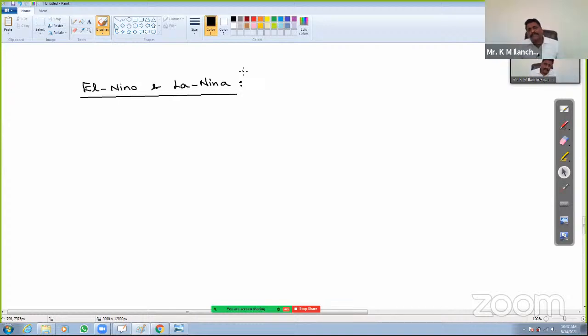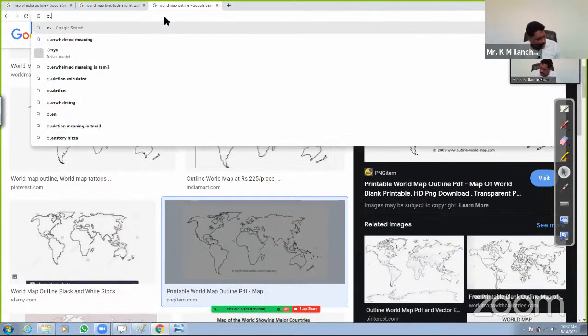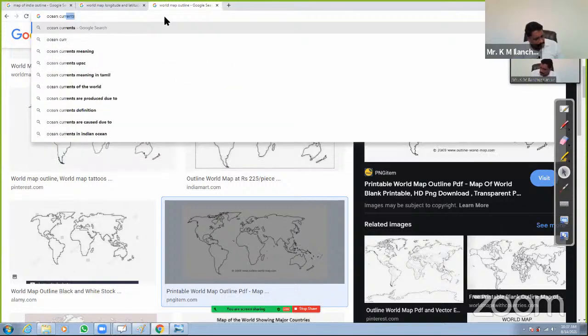Okay. See here, you would have heard about ocean currents. I will just bring you this ocean currents map. Or even in your atlas, you can refer to this ocean currents map.